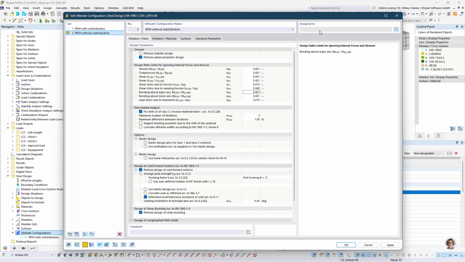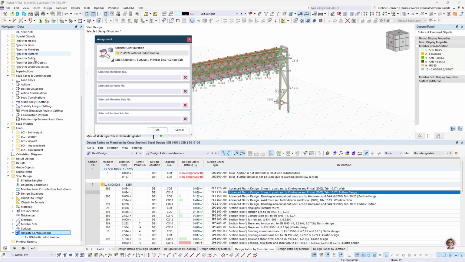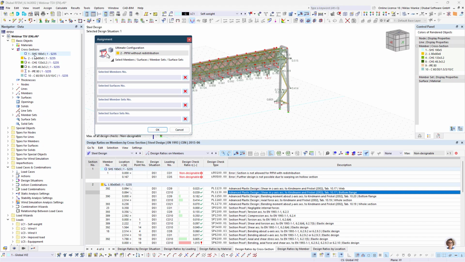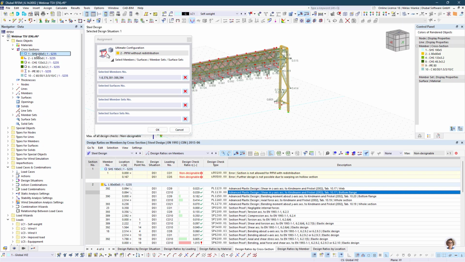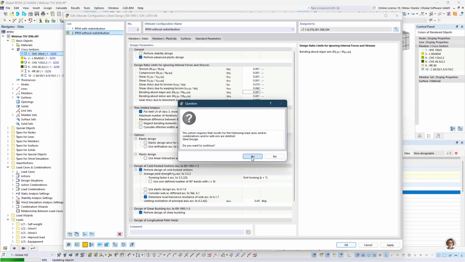Okay, and before I apply, we will have to assign this new configuration to our square hollow sections. So I will select the square hollow section here in the navigator, and it automatically selects all members with this cross section. So you can apply and okay.